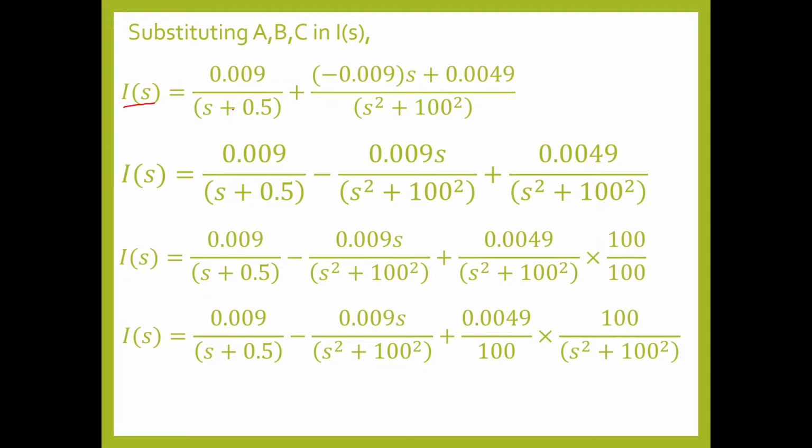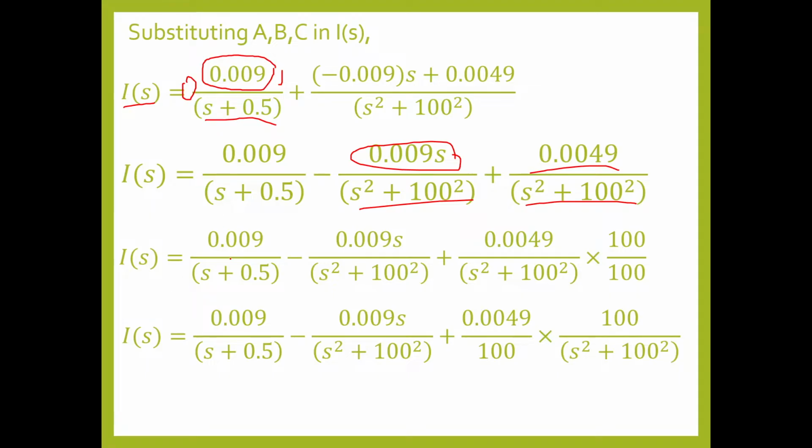So if you see here, this 0.009, you just keep it aside. You can write it here. You will get 1 divided by S plus 0.5. And here I have just split this whole expression into two parts, I have split the numerator. So 0.009 s divided by S square plus 100 square, and I have written 0.0049 by S square plus 100 square.